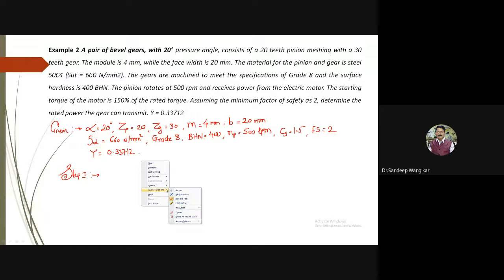As I have explained, I will write down step number 1. You write down what is given. I will give 1 minute and then we will proceed. So the very first step is beam strength.